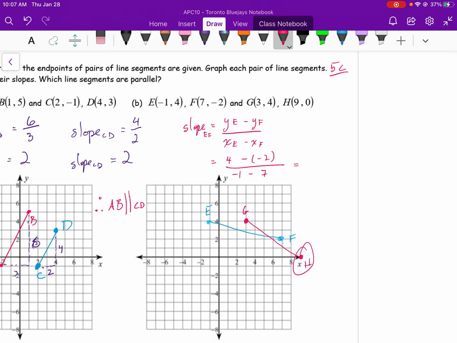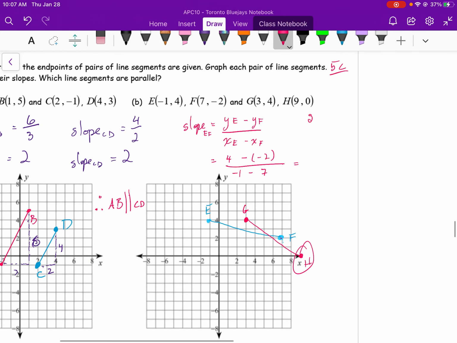And what I get here is that the slope of EF is going to be equal to 4 minus -2 is 6, divided by -1 minus 7, that is -8. So if I reduce that, what I will get is -3 over 4. So this is the slope of EF.